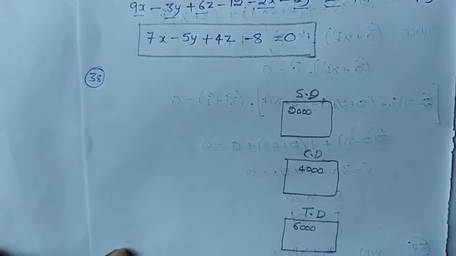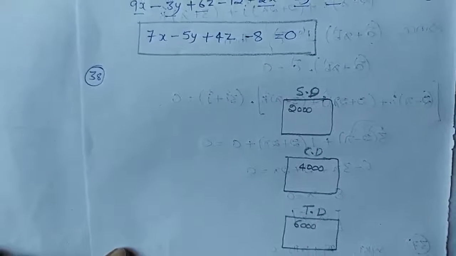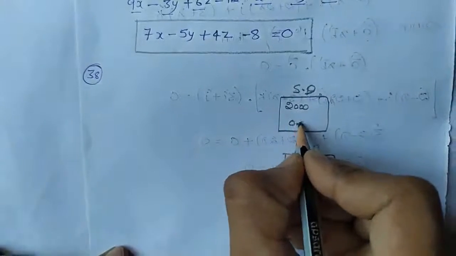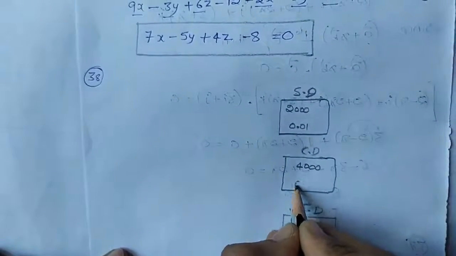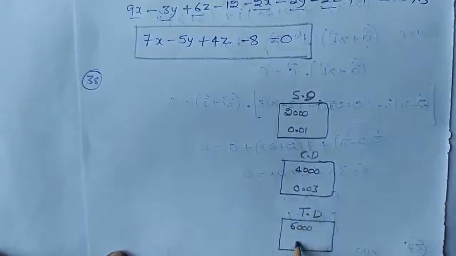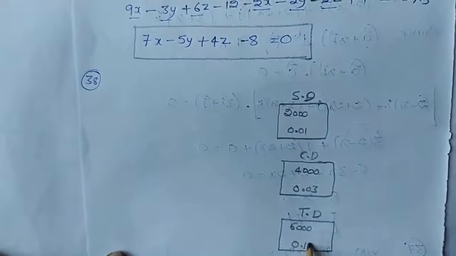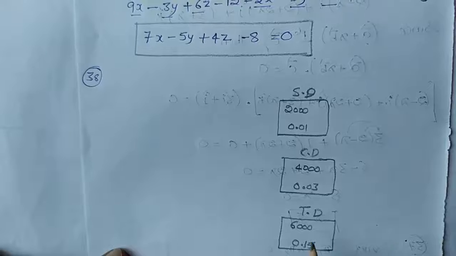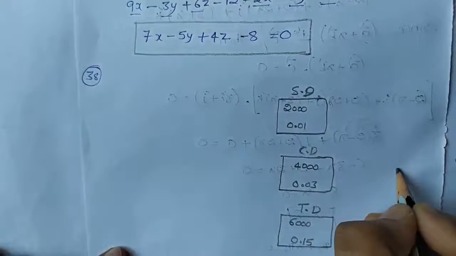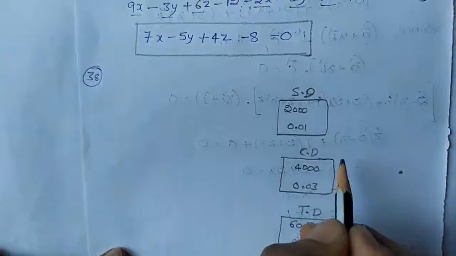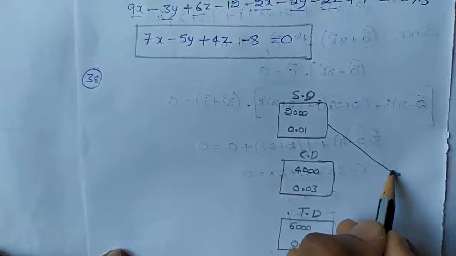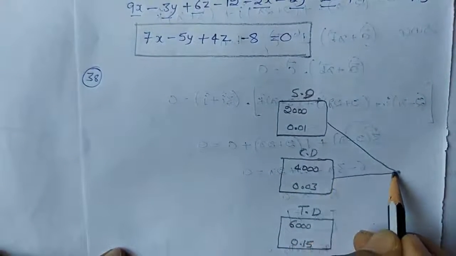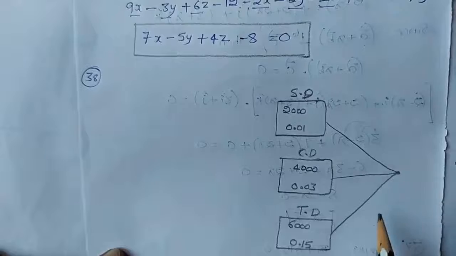The probabilities of an accident are 0.01, 0.03, and 0.15 respectively. Once one of the insured persons meets with an accident, maybe it is either a scooter driver, car driver, or truck driver.